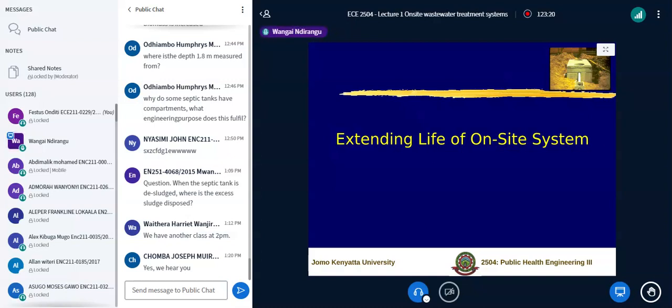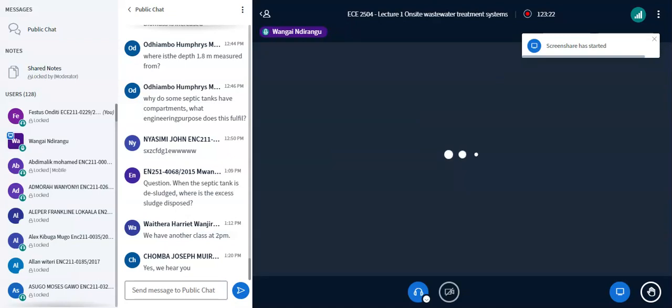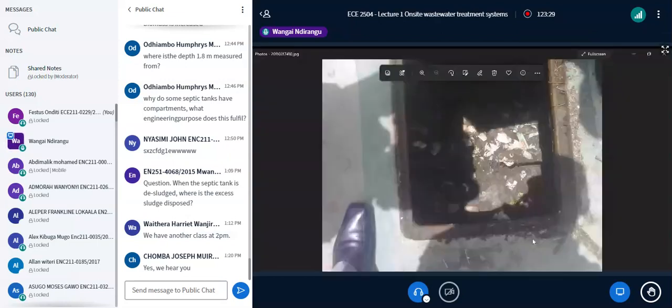Now this is a septic tank in one of the leading hotels in the town, a very big brand. You can see this is the first chamber.